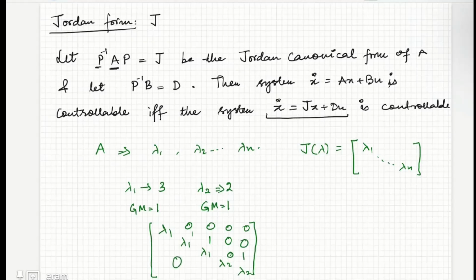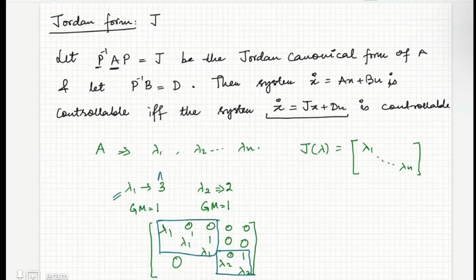So this is how the Jordan matrix will look, and this constitutes the Jordan blocks. So this is one Jordan block, and this is another Jordan block.